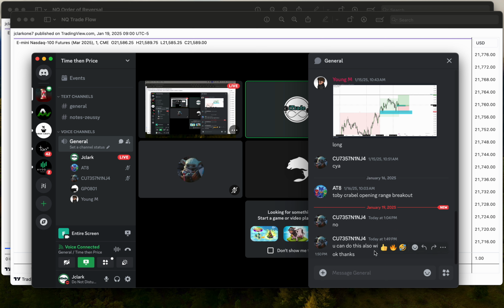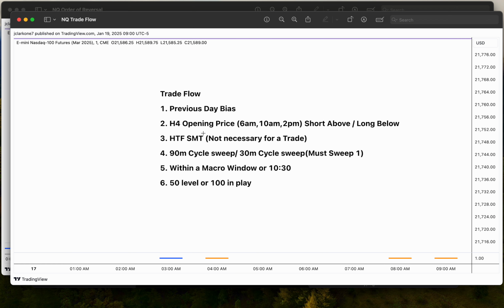A lot of times those 1 hour candles, sometimes they don't even form a wick because you're already into a distribution. You know what I mean? You've already formed the reversal and you're just tagging along on the next hour and you don't even get a bottom wick. It'll just take off. So it's less likely to happen in a 4 hour candle. You'll typically get a wick in a 4 hour candle as opposed to a 1 hour candle.